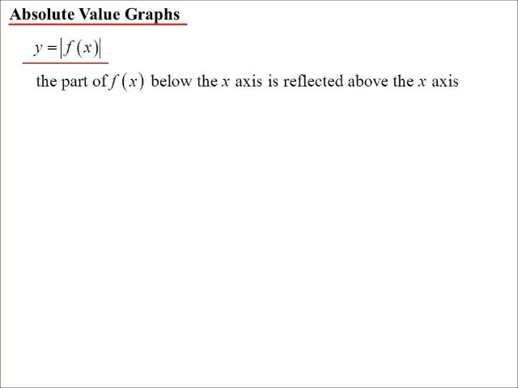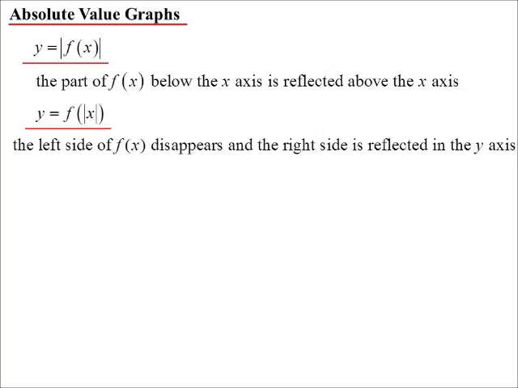So the graphs, absolute value graphs, what do they look like? If we have y equals the absolute value of function x, what does that do to the curve? Well, basically it means y can't be negative. So whatever is below the x-axis, whatever is negative, reflects above the x-axis. The other possibility, more unusual, but you could have function absolute value of x.